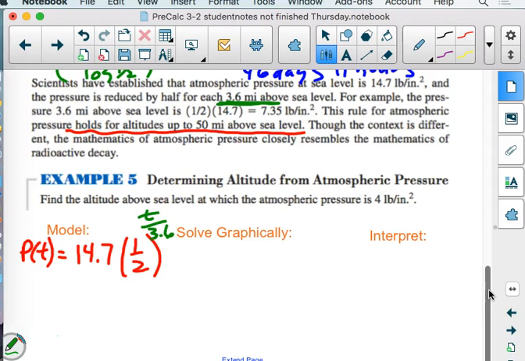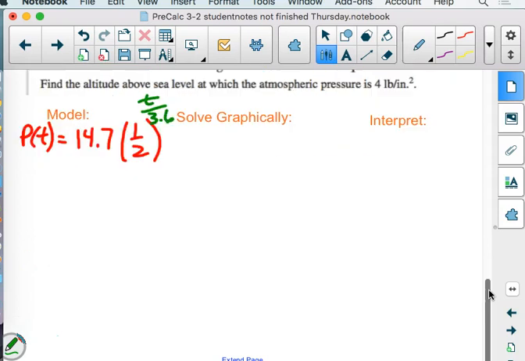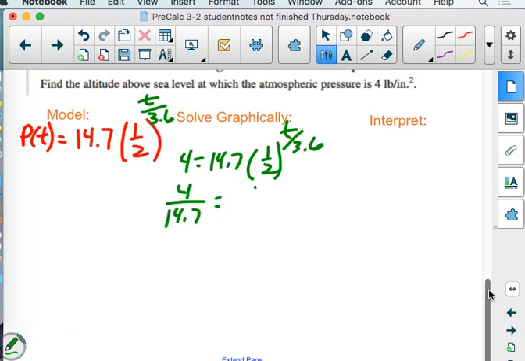Now what do they want? Find the altitude above sea level at which the atmospheric pressure is 4 pounds per square inch. Well, we can do that. We need to know when this is for. How do we do it? Then what?